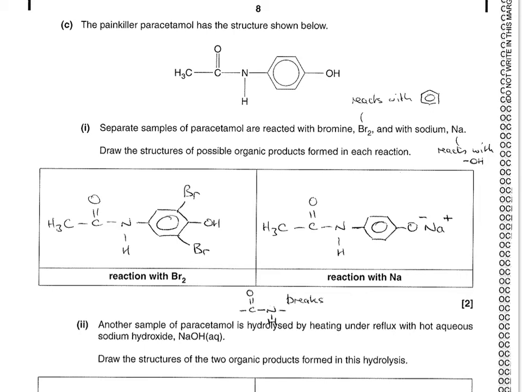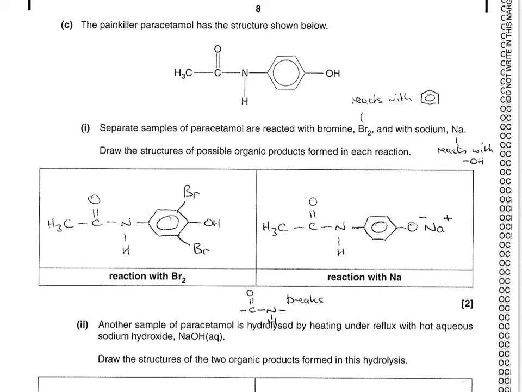We need to draw the structures of the organic products, and because it's not just a benzene, it's actually a phenol, remember when phenol reacts with bromine, we get tri-substitution at positions 2, 4 and 6. I will just mirror that here, but you can see position 4 is taken, so I've put bromines at 2 and 6.